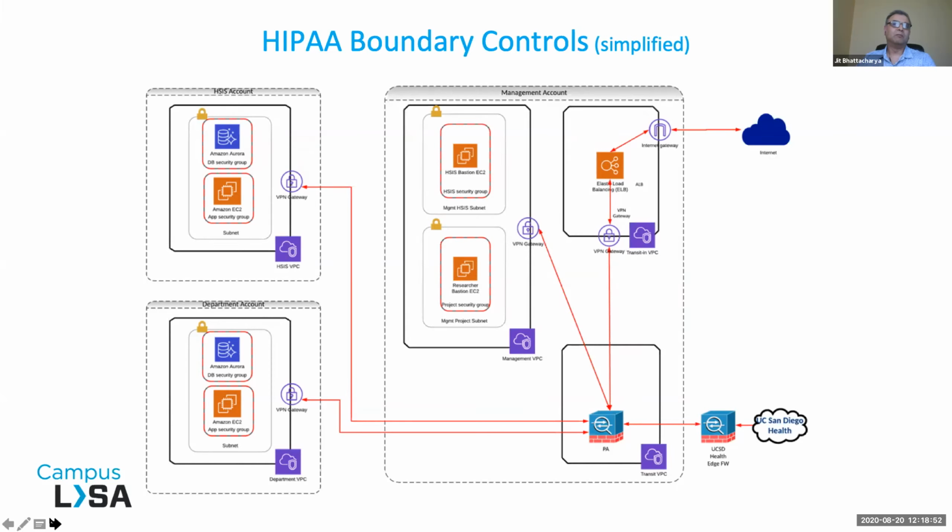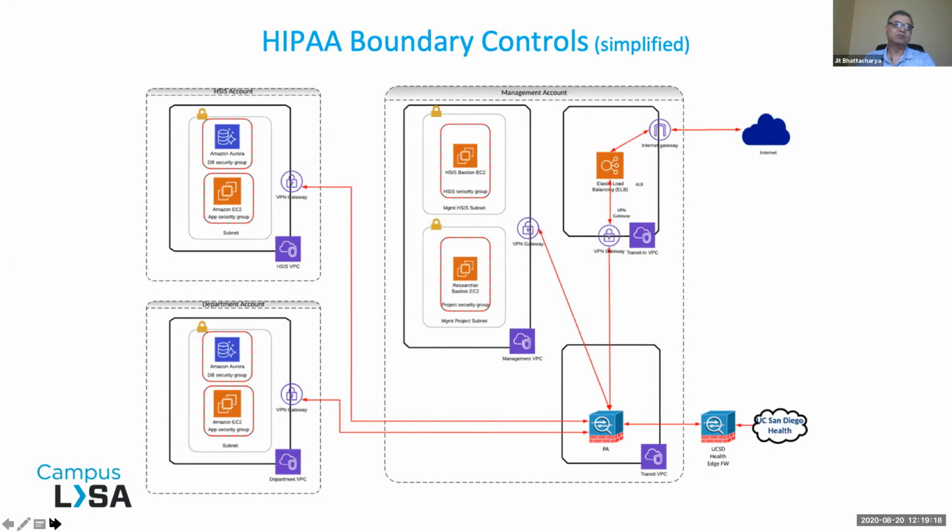Again, an important issue to note here is the concept of a bastion host. So any privileged access, whether it's an administrator or a developer access, has to go through what's called an endpoint bastion access. If you follow the lines here, first of all, the person has to be within the UCSD San Diego Health network, either through VPN or directly physically.